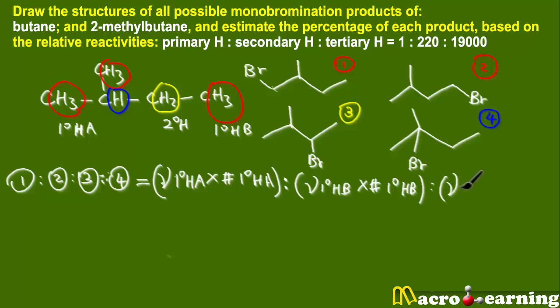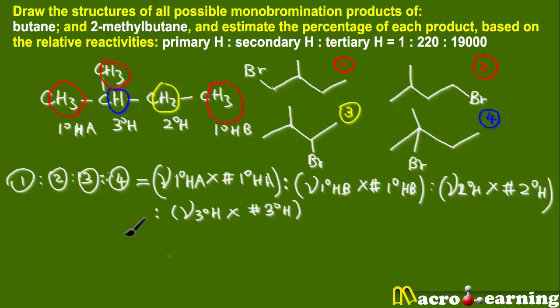So that of secondary hydrogen times number of secondary hydrogen, and there's another one, number 4, from the tertiary hydrogen. So reactivity of that one times number of the hydrogen, which is only 1, of course.